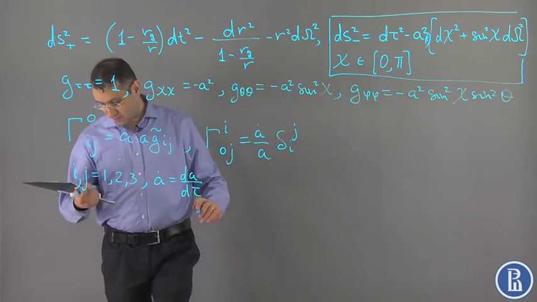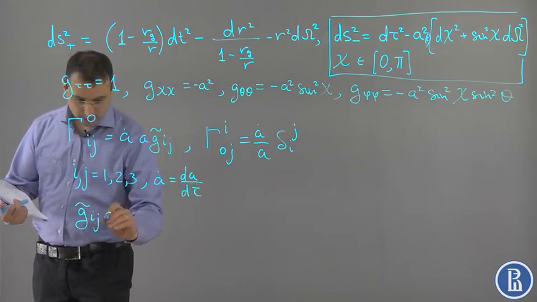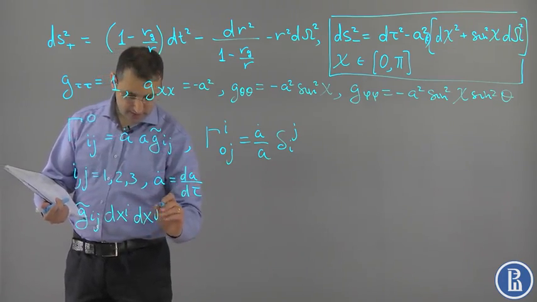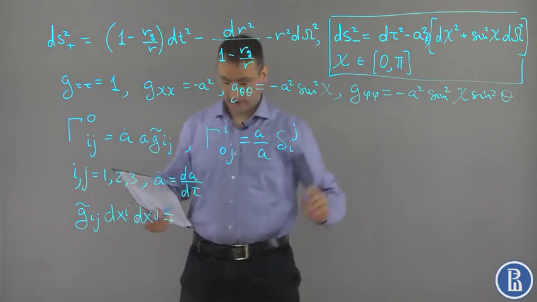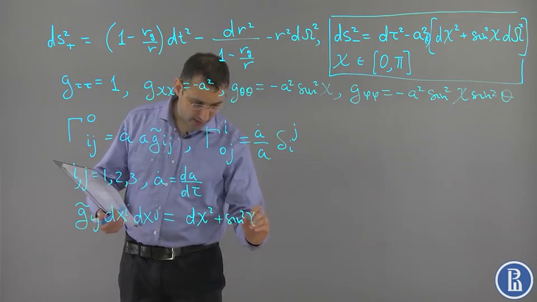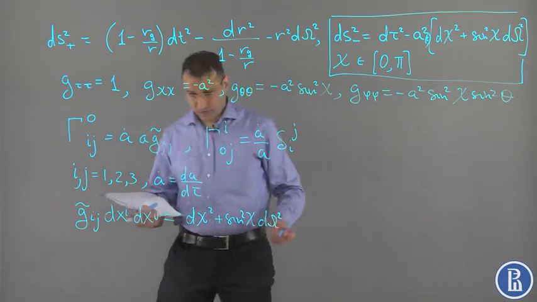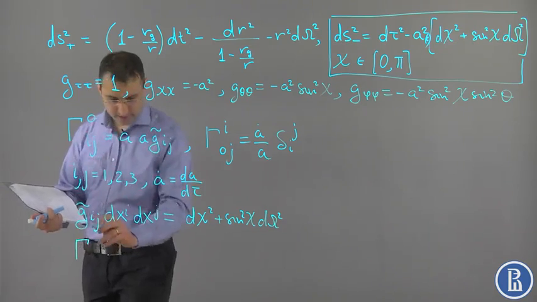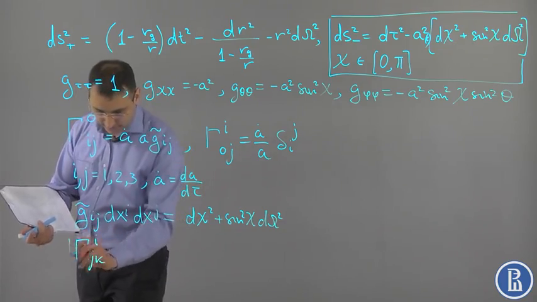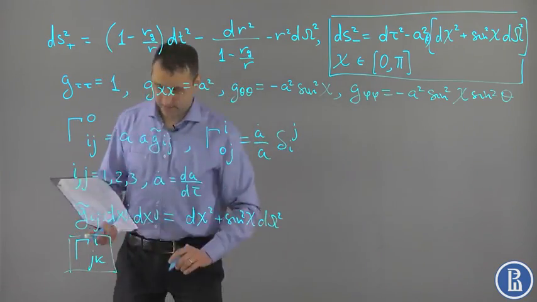Here g twiddle ij is just the metric on the unit 3 sphere, equal to d chi squared plus sine squared chi d omega squared. And of course there are non-zero components of the Christoffel symbols like this, which are just the same as for the unit 3 sphere.